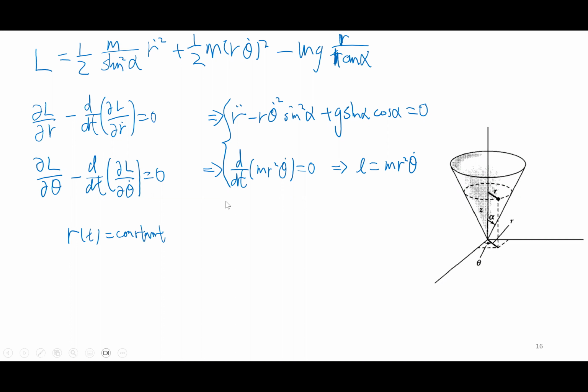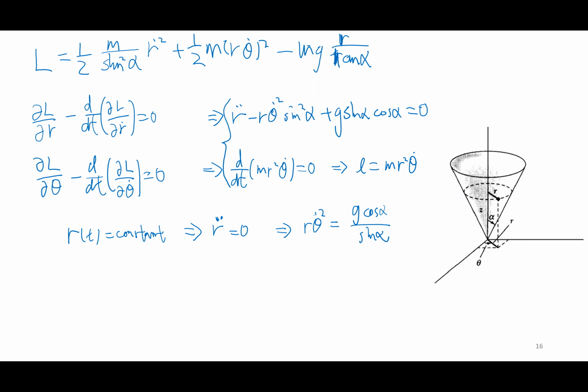So that is to say, r double dot is of course 0. And from the first equation, that would give me r theta dot square equals g cosine alpha divided by sine alpha.